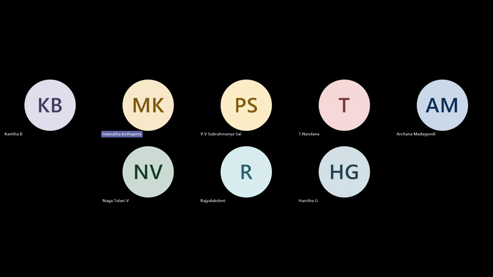Anita might be having 2 to 3 cars by now. How many cars do you have, Anita? Oh, we have got only one car, and that too we got almost 12 years back. Oh my God.